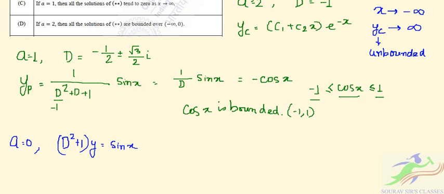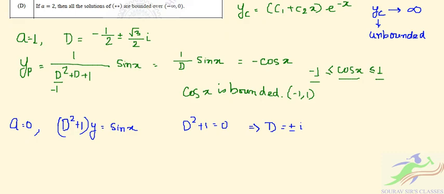So D squared plus 1 equal to 0, so D will be plus or minus i. Now what will be the complementary solution? yc will be simply c1 cos x plus c2 sin x.